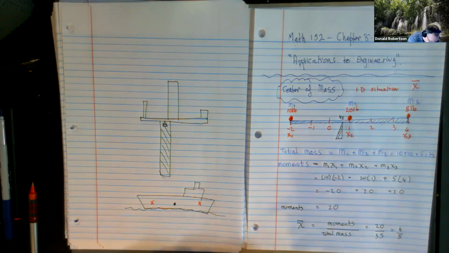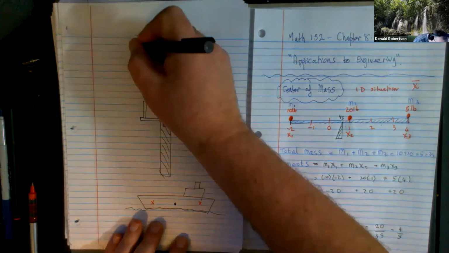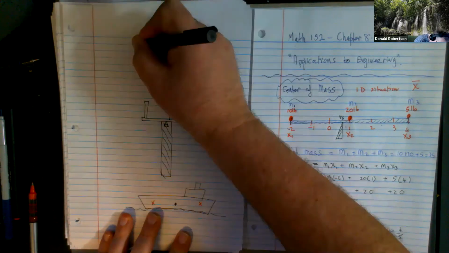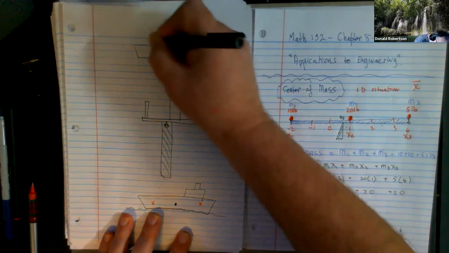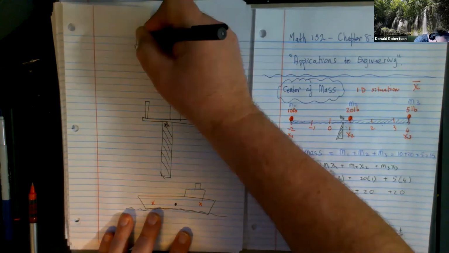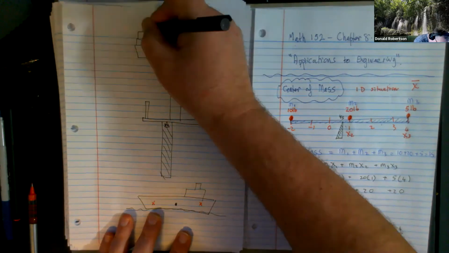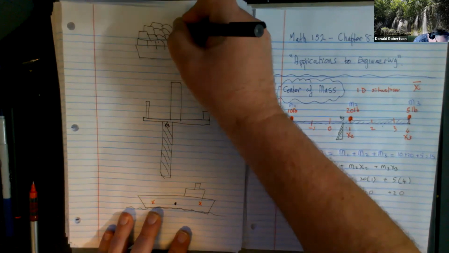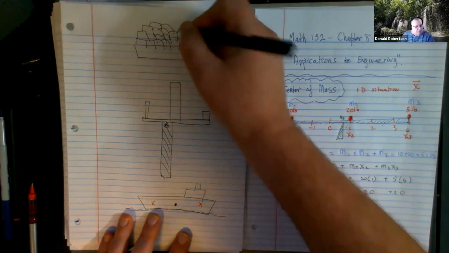Now, if the center of mass is off, and it has happened because I've seen pictures of this, have you ever seen those really weird cargo vessels where they pile tons and tons of cargo, typically at a place that just looks unnatural at the front?